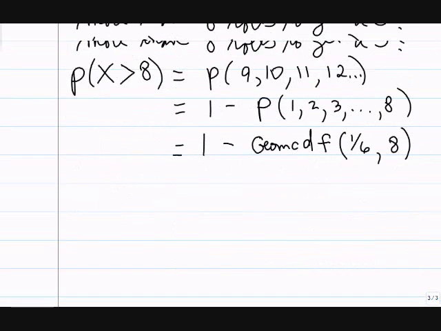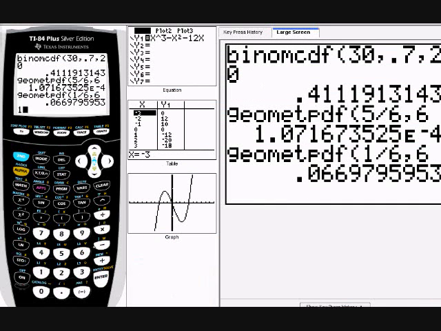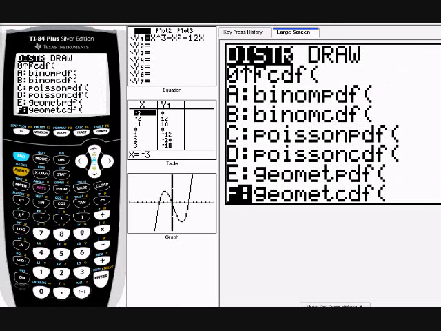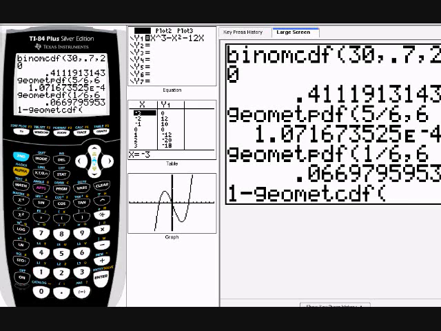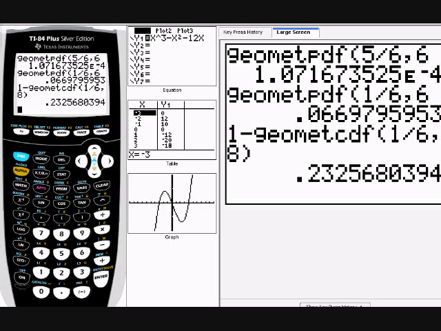So the probability of not taking more than 8 rolls to get a 5 is going to be 1 minus geometric CDF 1/6, comma 8, and that's going to be about 23%. And that one comes in handy a lot.